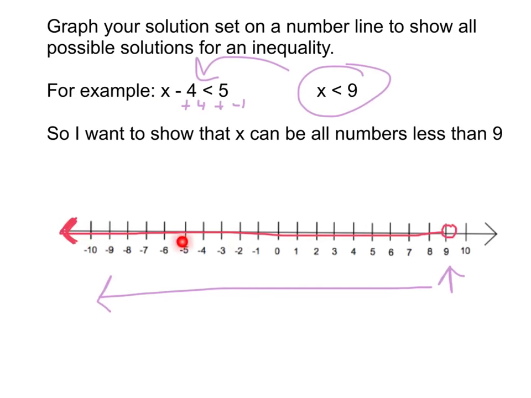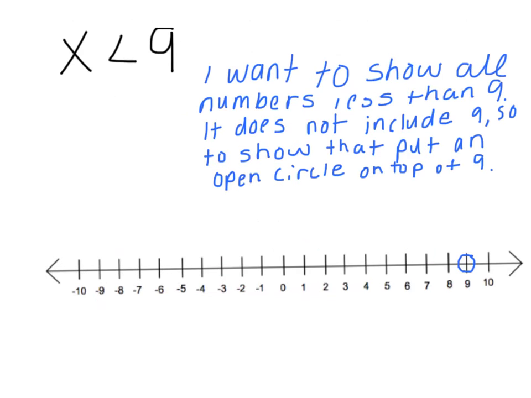So just to show that it continues on in that direction, we go over the end of the number line to show that it's a line that continues on forever. So since I want to include all the numbers less than 9, it does not include 9 itself because it has to be less than 9. So to show that it does not include 9, I put an open circle on top of the 9.